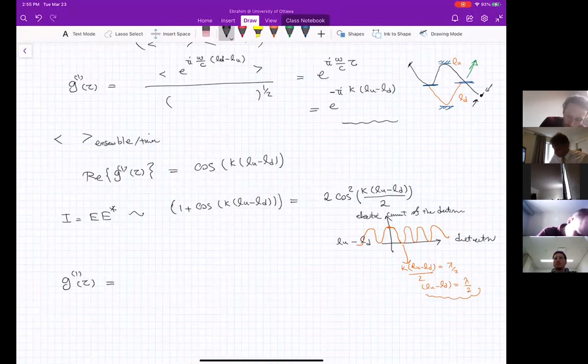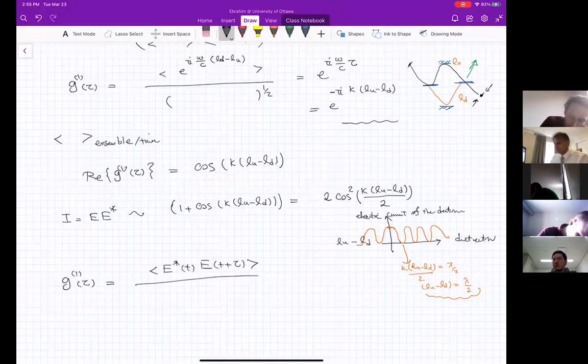And the correlation function is given by E star of T, E of T plus tau divided by the intensity, which is essentially, if you want to write it in this way, E star of T, E of T times E star of T plus tau, E of T plus tau, to the power of 1/2.